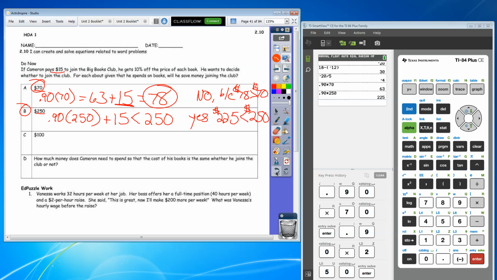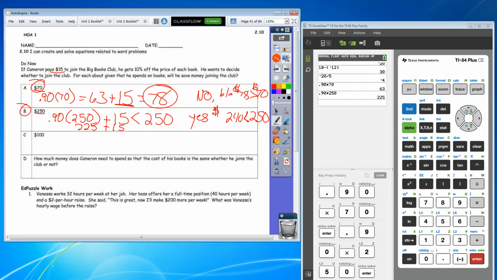This is $225 plus the 15. $225, $235, $240. So $240 is still less than $250. So it works. $250 makes sense. I forgot to add the 15.